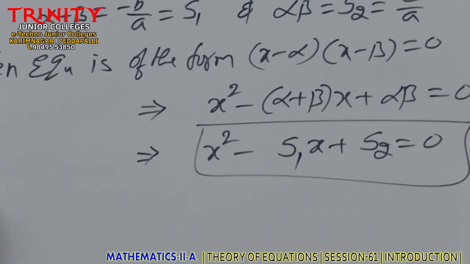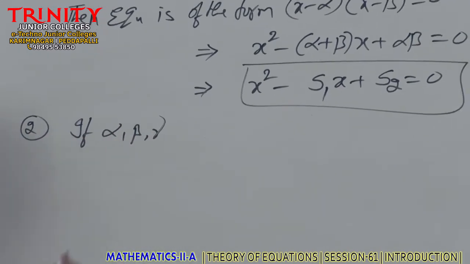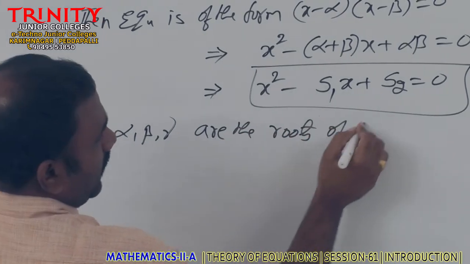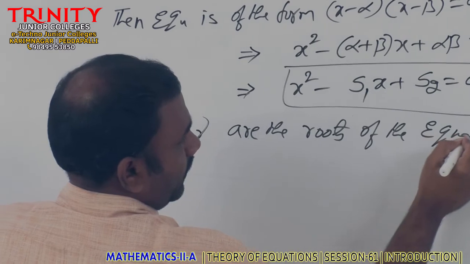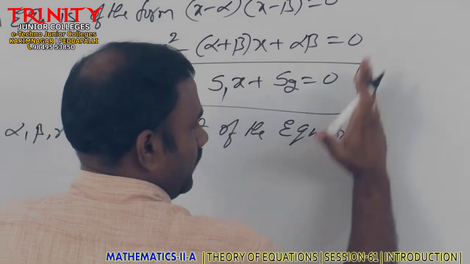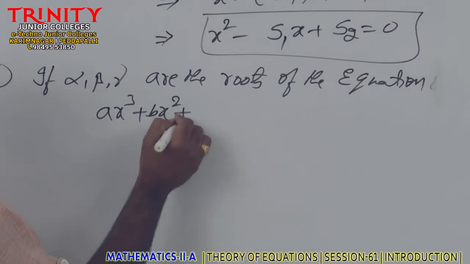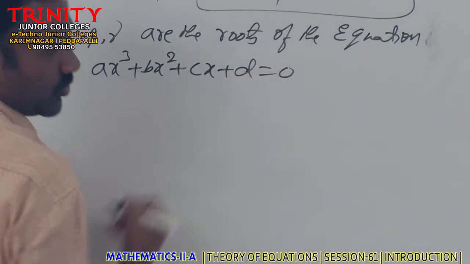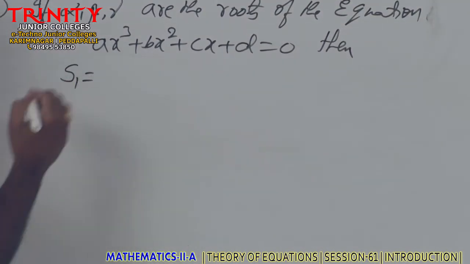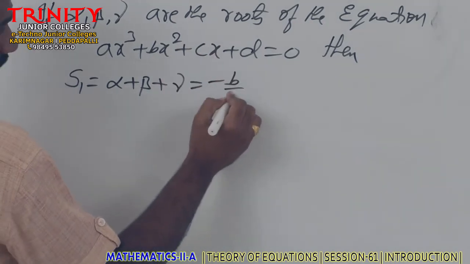Second one, if alpha, beta, gamma are the roots of the equation ax cube plus bx square plus cx plus d is equal to 0, then S1, the sum of the roots, alpha plus beta plus gamma, is equal to minus b by a.